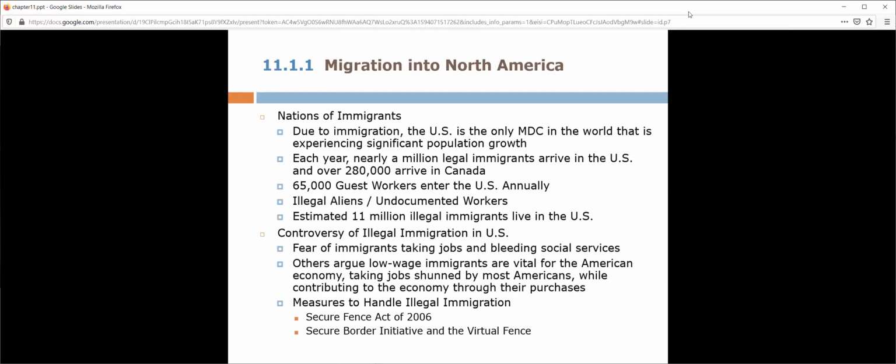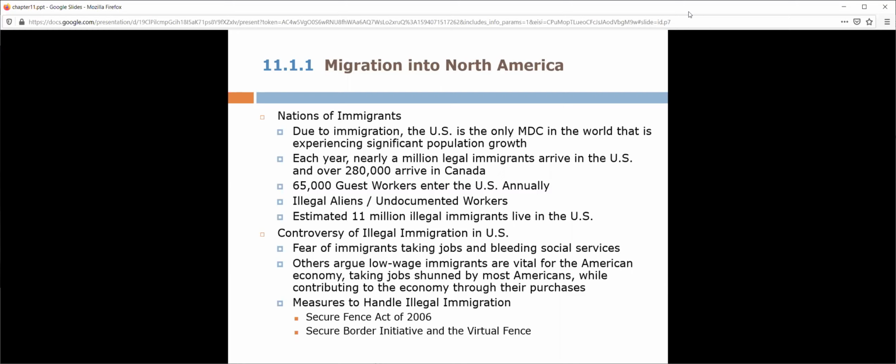Each year, nearly 1 million legal immigrants arrive in the U.S., a lot of them, and a smaller portion, but still some, do arrive in Canada. We get a lot of guest workers and stuff like that. And unsurprisingly, given that you've lived in America, you're probably familiar with the issue we have with illegal immigrants.